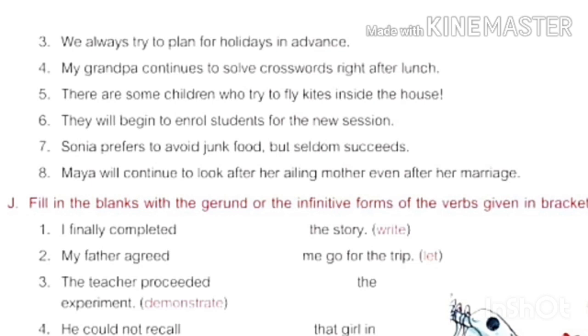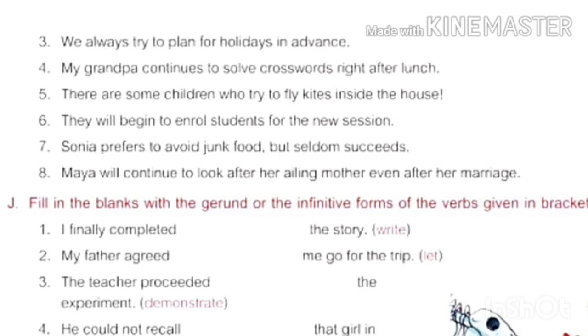So Sonia prefers avoiding junk food but seldom succeeds. And the last one is Maya will continue to look after her ailing mother. Ailing means sick. Even after her marriage. So Maya will continue looking after her ailing mother even after her marriage.